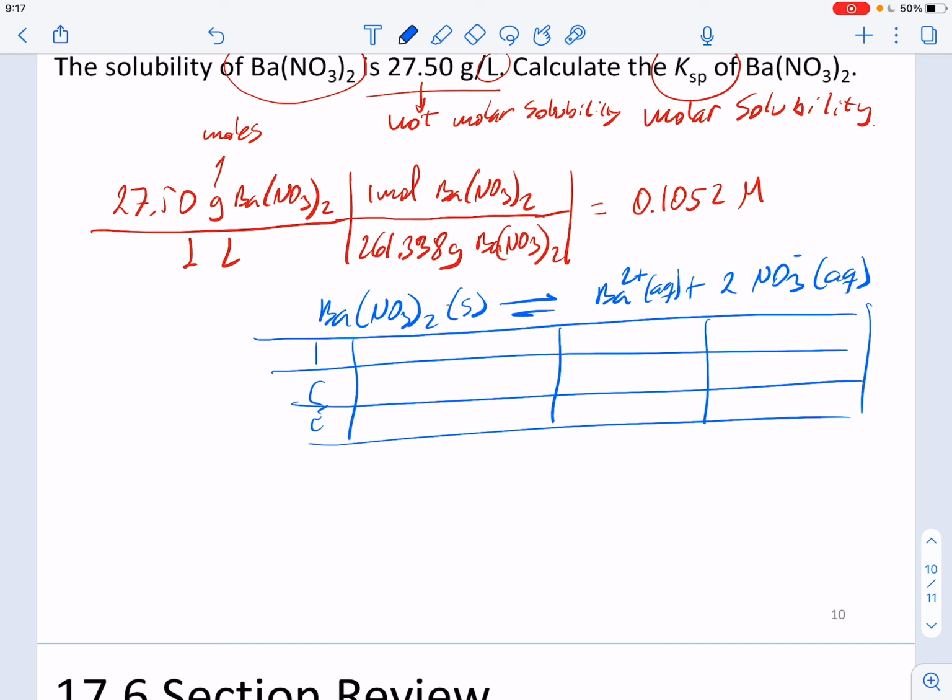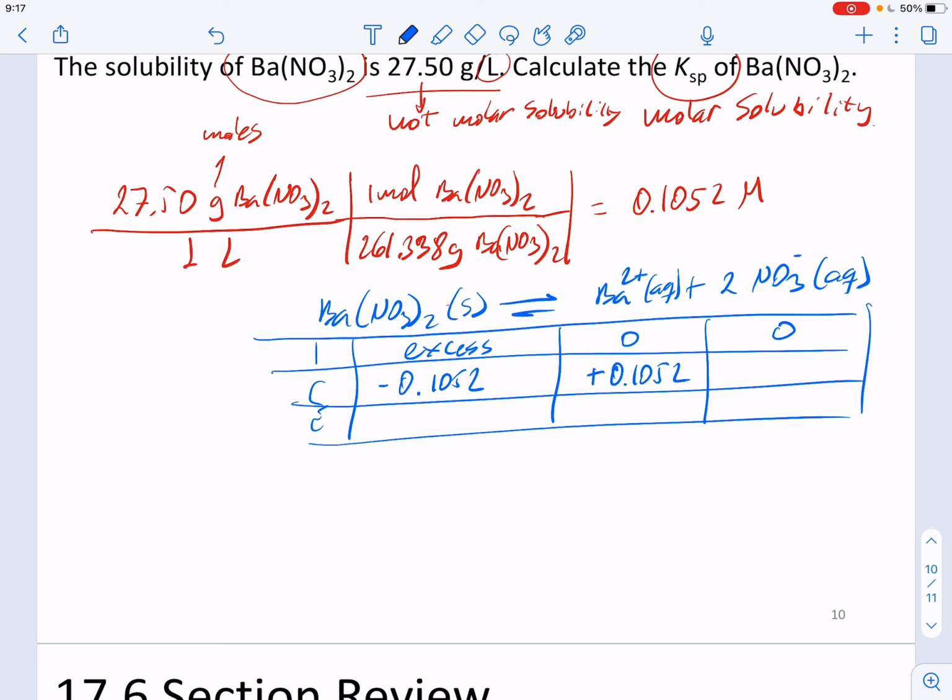Okay, if we do our ICE table here, we assume that the solid is in excess, and we have 0 and 0 for the ions. Since the molar solubility of barium nitrate is 0.1052, the change in barium nitrate is minus 0.1052. You obtain 1 mole of barium ion per barium nitrate, so this is plus 0.1052.